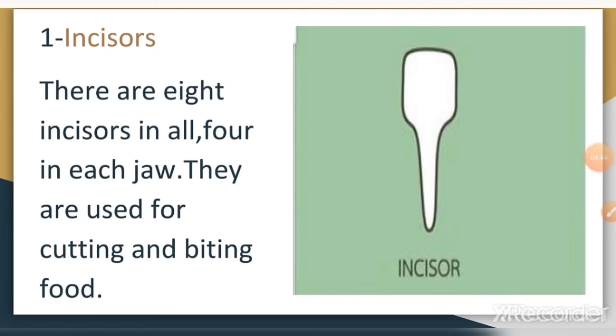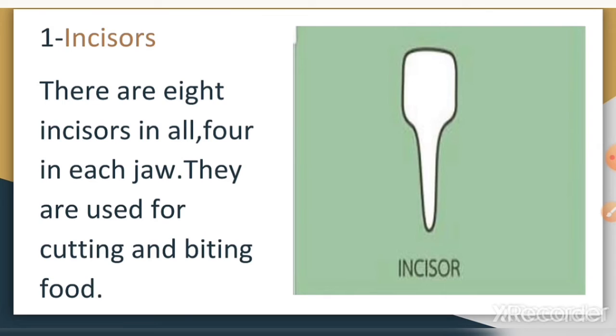Your 8 incisor teeth are located in the front part of your mouth. You have 4 of them in your upper jaw and 4 in your lower jaw. Incisors are shaped like small chisels. They have a sharp edge that helps you bite into food.